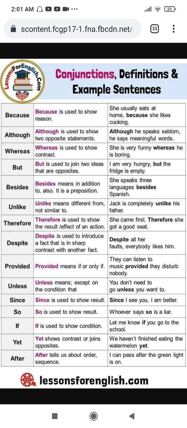Next, you know the word but, and you're very much familiar with its usage, so I'm not going to talk about this. Next one, besides. Besides means also.